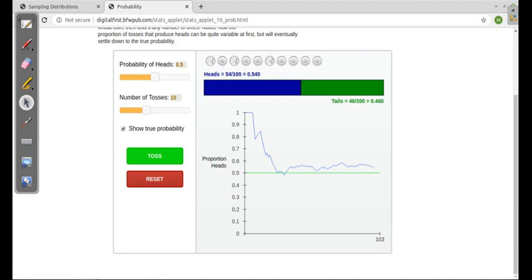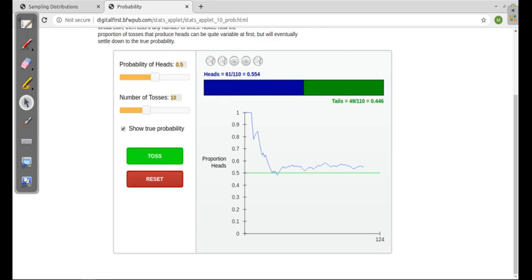The expected value is 0.5. It reached 0.54, 0.55, it increases and decreases. But as you do this experiment a very large number of times, what you can see is that it will become exactly half.